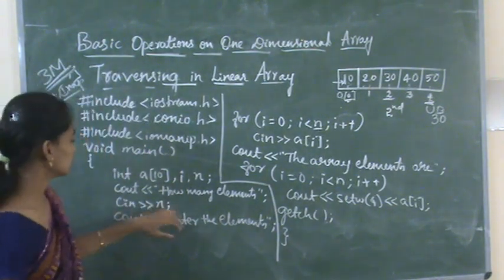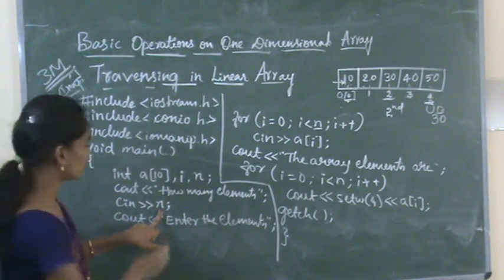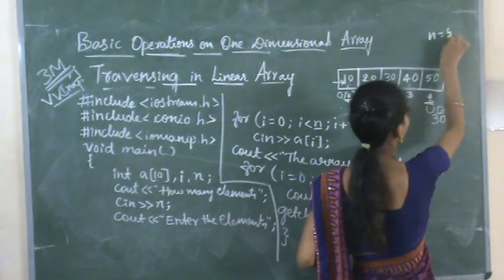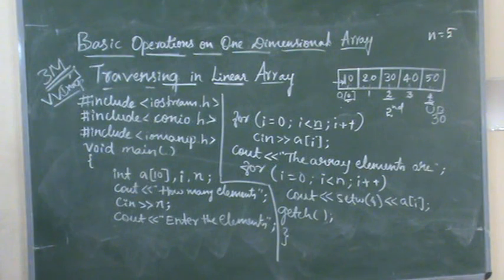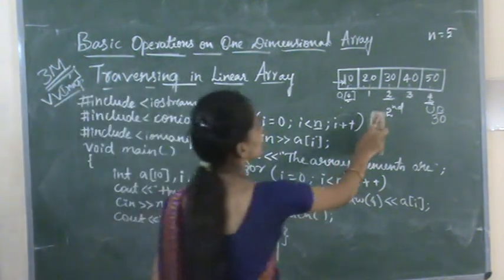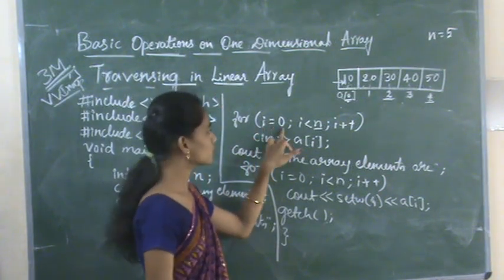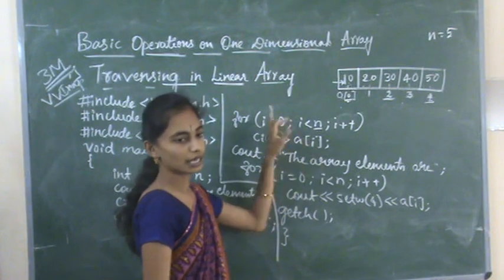So consider how many elements are to be inserted, that means n elements. So for this now I am providing n as 5. Okay. So now the array stores 5 elements, right? So now after this we have the for loop. First we have for I is equal to 0. So A of I becomes A of 0.